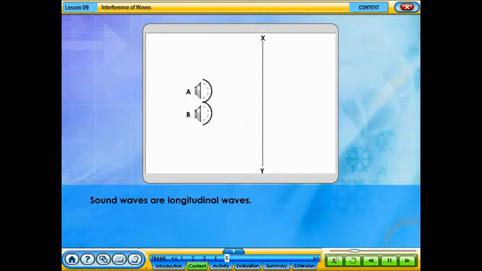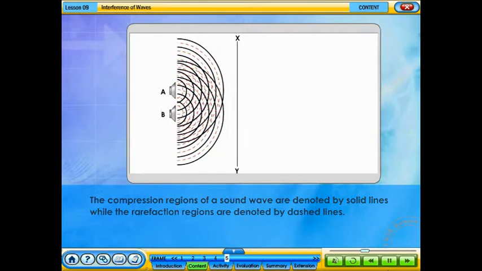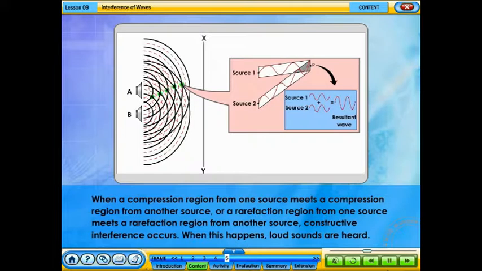Sound waves are longitudinal waves. The compression regions of a sound wave are denoted by solid lines, while the rarefaction regions are denoted by dashed lines. When a compression region from one source meets a compression region from another source, or a rarefaction region from one source meets a rarefaction region from another source, constructive interference occurs.